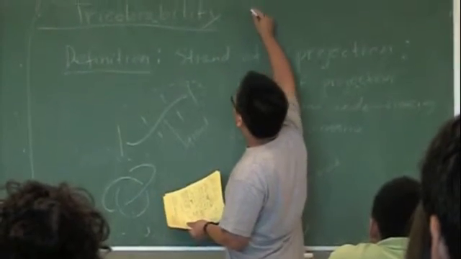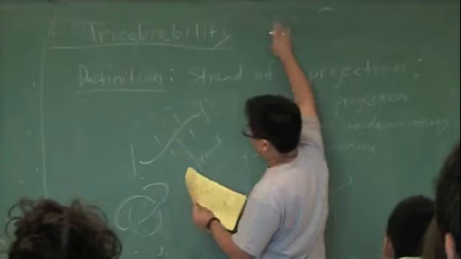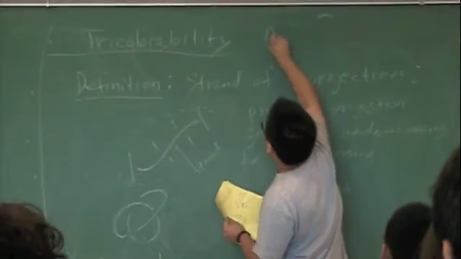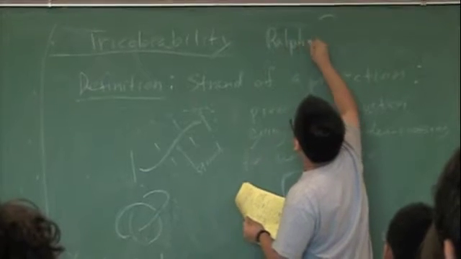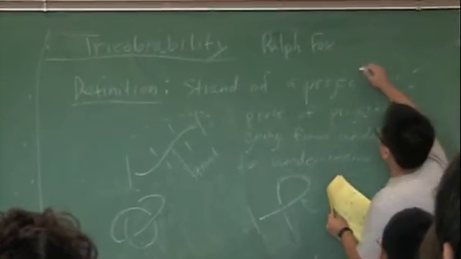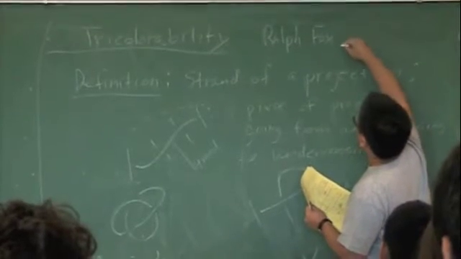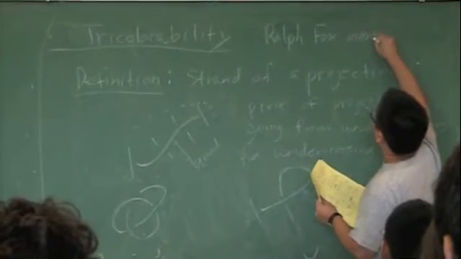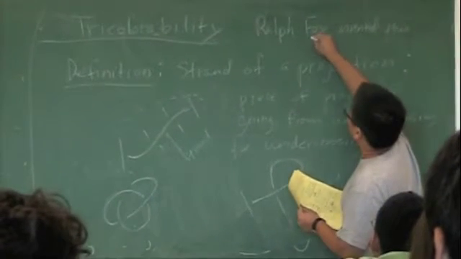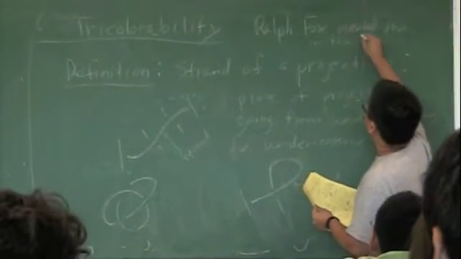But tricoloring was invented by someone that didn't die too long ago, a man named Ralph Fox, who invented this in the 1960s.